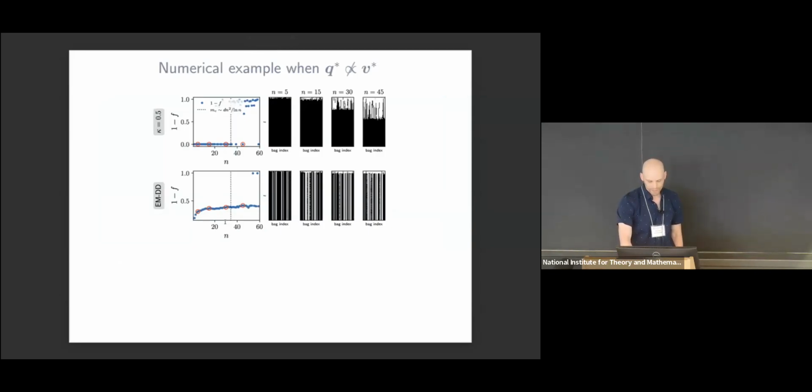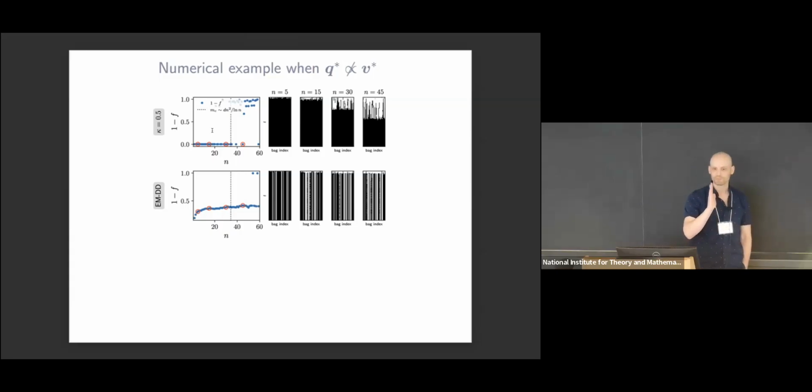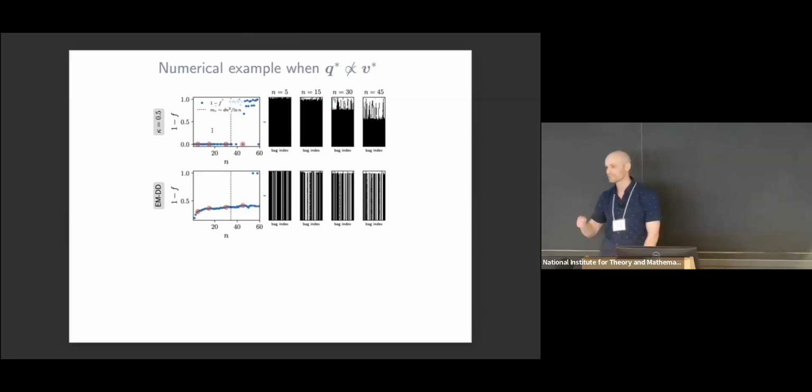2 minutes. Okay. So yeah, I have some simulations of these two algorithms. I won't have time to say much about this, except that we do see that the scale M that I described before, which tells us how many bags we want for this algorithm to converge fast, appears as a transition here.